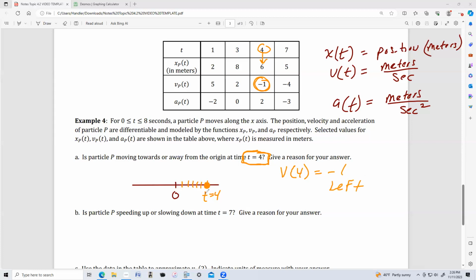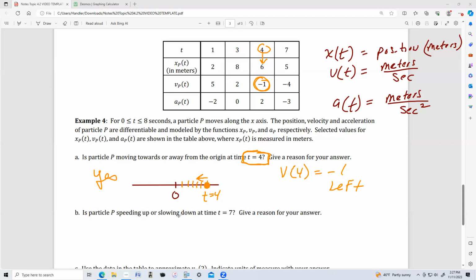So at time 4, it's over here at 6, but it's heading left. Since it's heading left, it is indeed heading towards the origin. So the answer is yes, it is heading towards the origin, because the velocity at time 4 is -1, which means it's heading to the left from a position of 6.